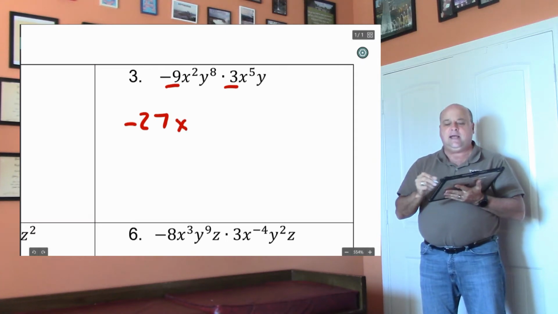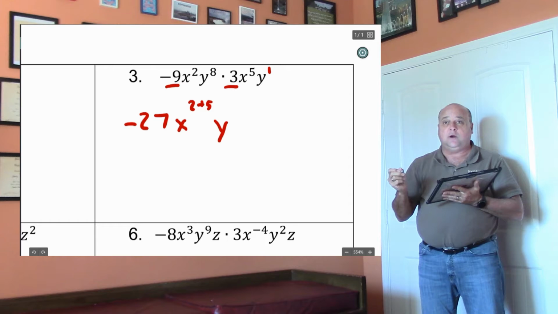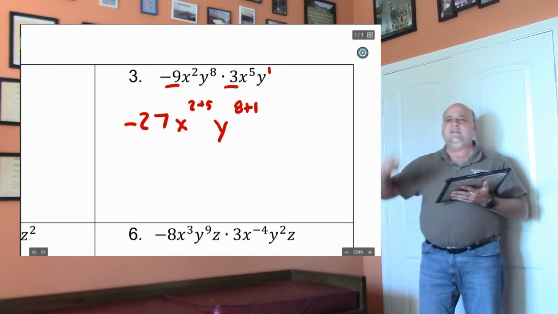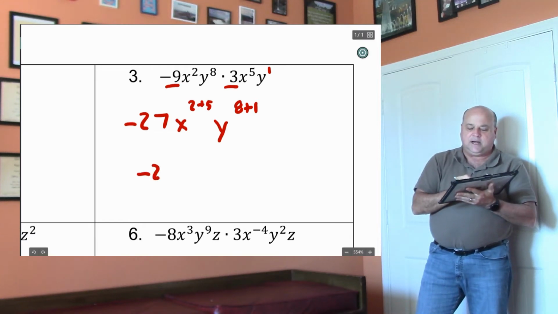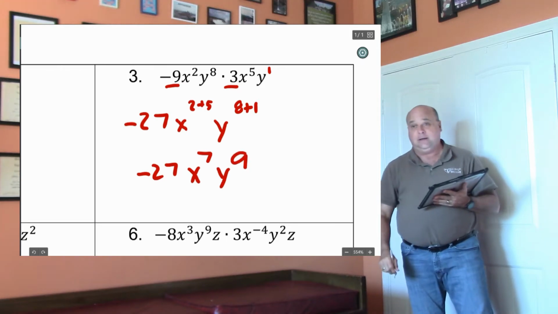I write down the x, and put 2 plus 5. Then the y, which has an exponent of 1, so 8 plus 1. Now I rewrite the answer, adding up the exponents. My answer is negative 27, x to the 7, y to the 9. That is all you have to do.